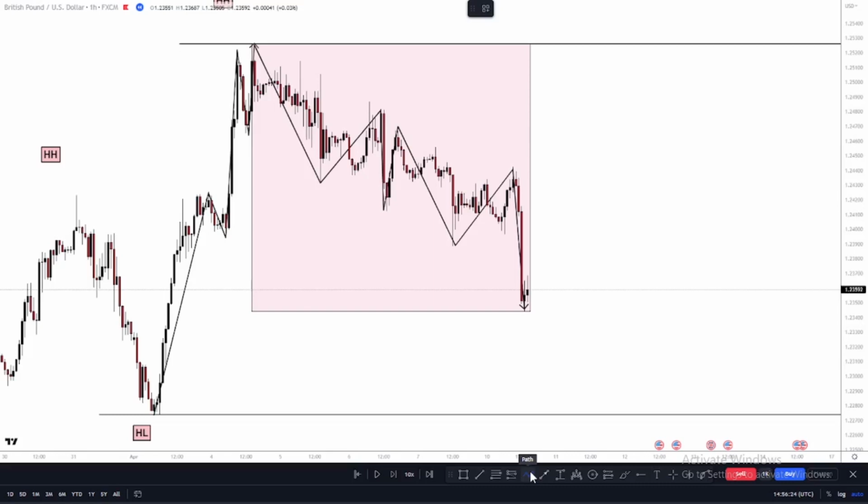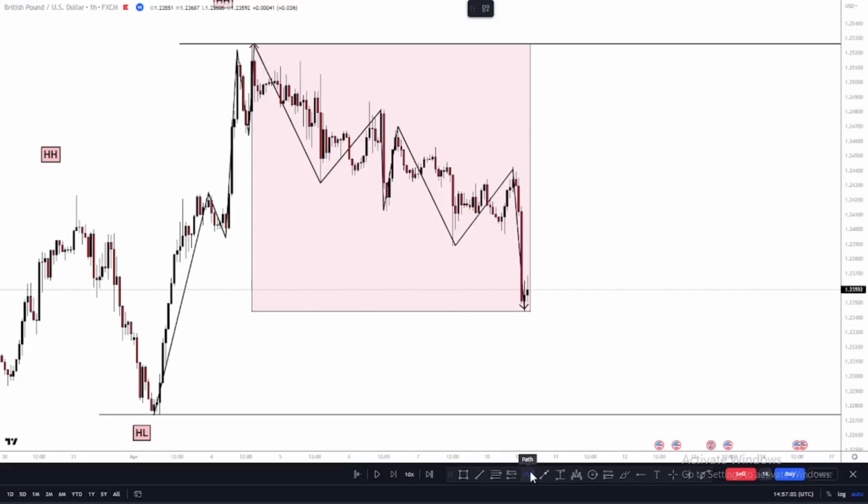Like the H4 market structure, with that we have a high probability that price is going to move to the upside. Do you get me? You have to understand that when it comes to trading, trading is a game of probabilities, and you always want to be on the right side of the market.